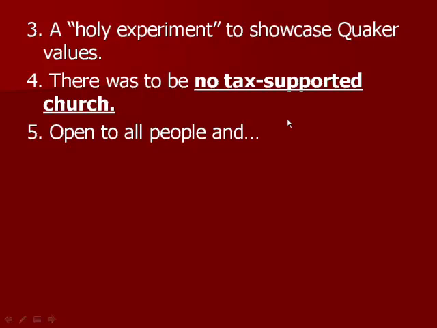But he says that it's going to be a holy experiment to showcase Quaker values, basically saying this is how Quakers live, and if you see Pennsylvania succeeding, it's because we are following the Quaker ways. There was no tax-supported church like in the Puritan New England colonies, and it's open to all people and becomes very diverse. So this is kind of a theme that we're seeing in the middle colonies. New York, or New Netherland, is very diverse.